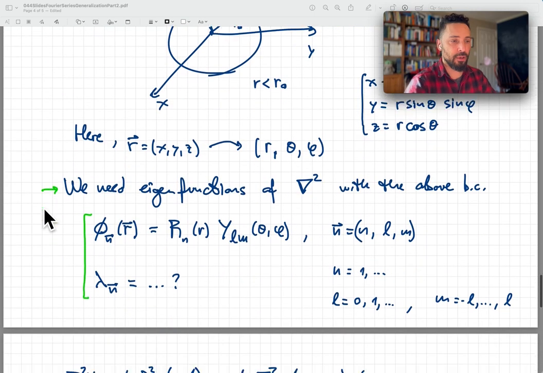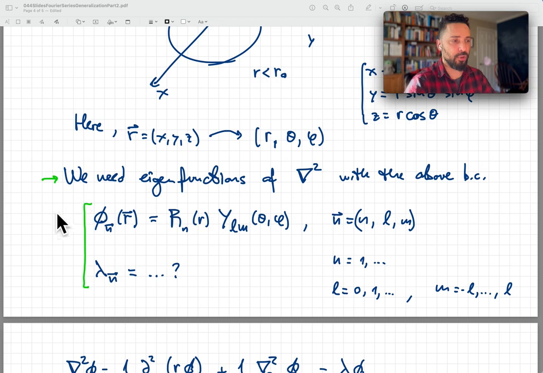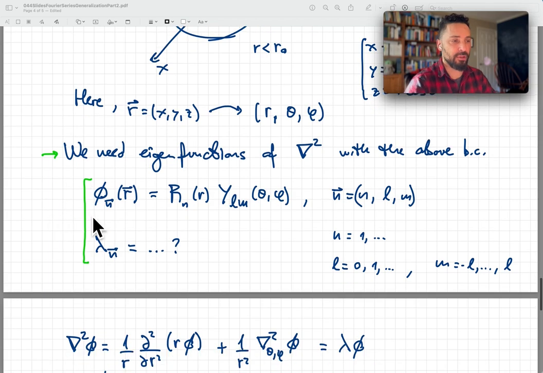Now, we need eigenfunctions then of the Laplacian with those boundary conditions, and it turns out that they take this form. So there's a part that depends on the radial coordinate and a part that depends on the angular coordinates, theta and phi. There will be indices n associated with the radial part, and then l and m, which are typical indices associated with these spherical harmonics.